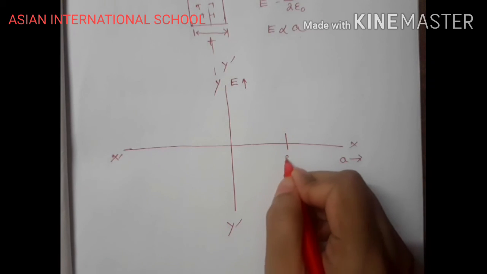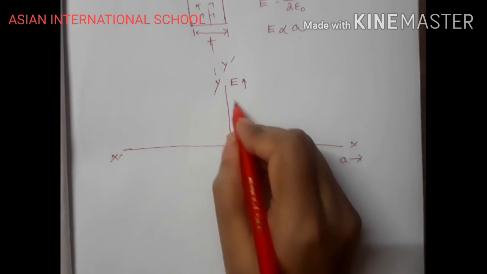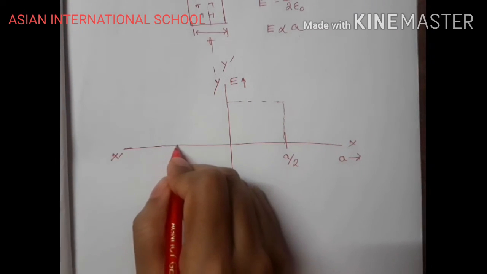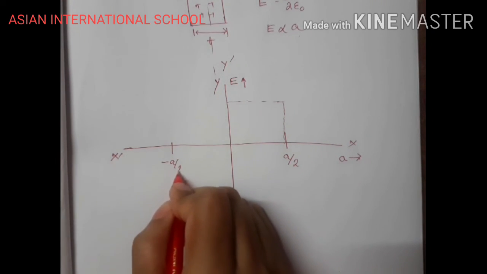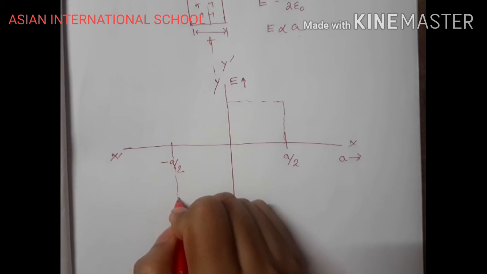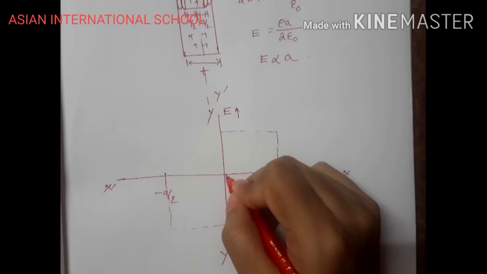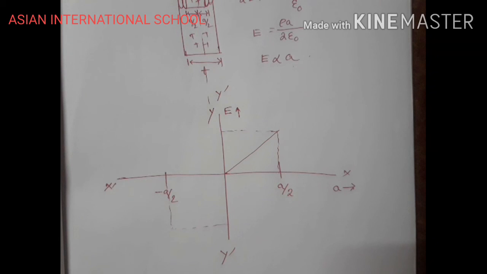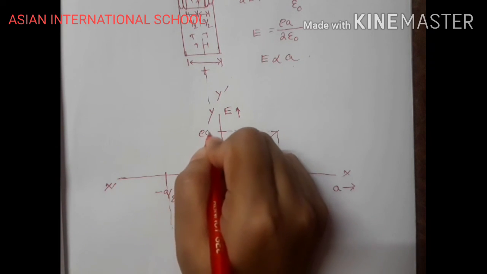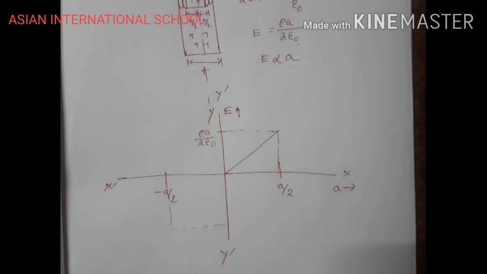So I consider this as my A by 2. Here I consider it to be minus A by 2. So inside, electric field keeps on increasing and it gains a particular value, rho A by 2 epsilon naught, and then it becomes constant.